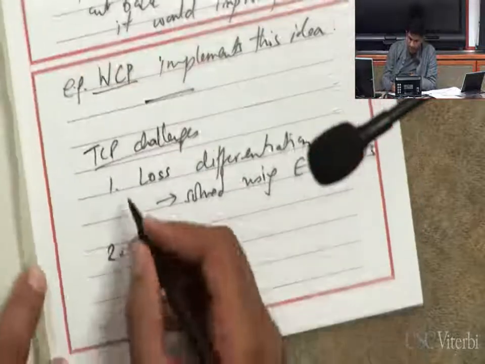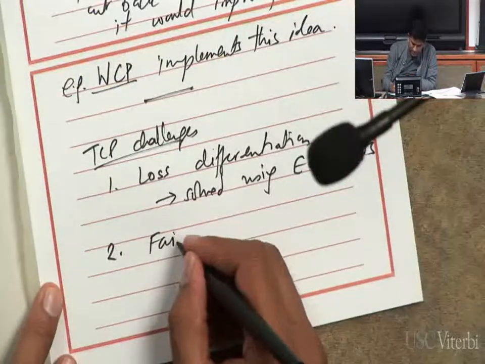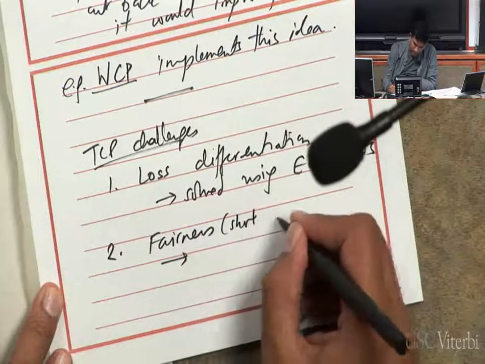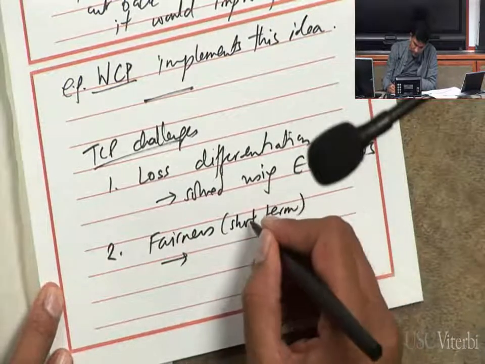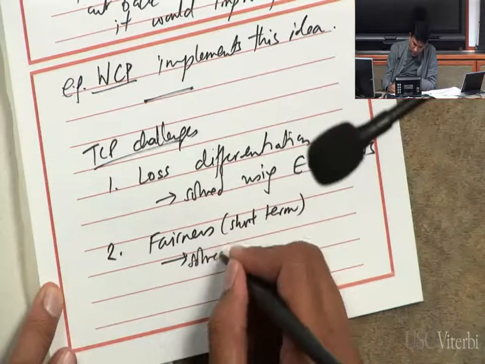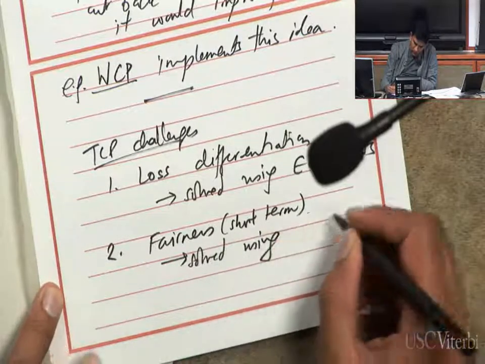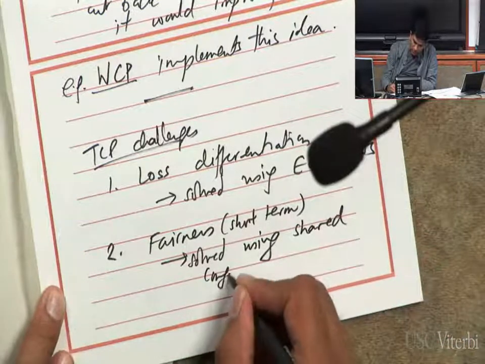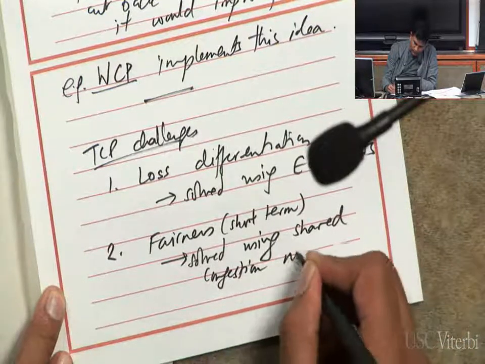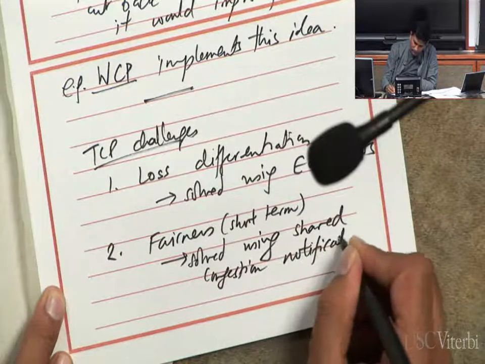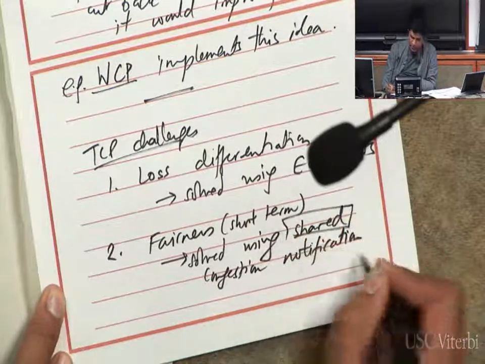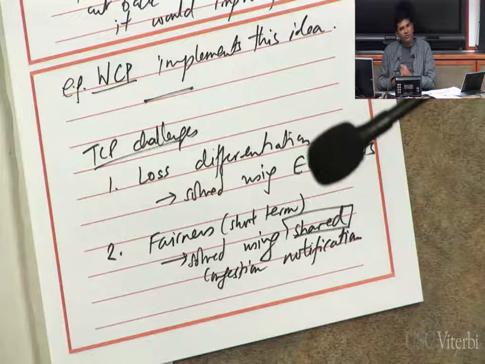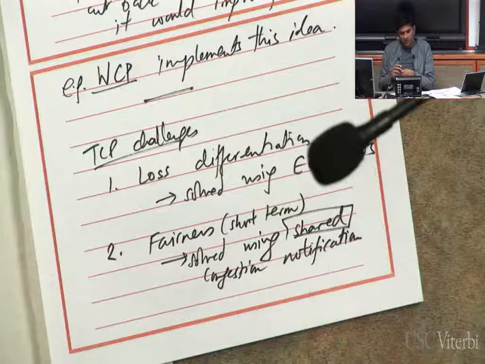And then the second problem is the problem of fairness, or at least short-term fairness, and that is solved using shared congestion notification, where the idea is that routers that are congested share the fact that they're congested with other nearby routers who must also mark using ECN packets.